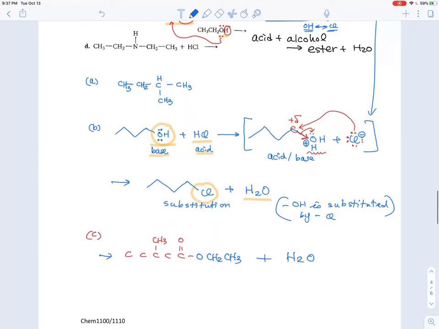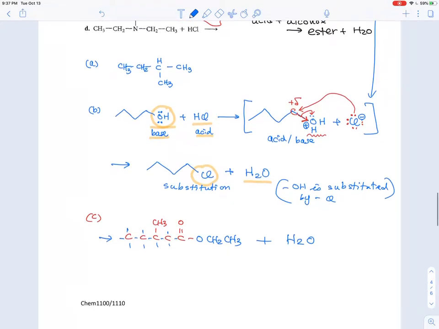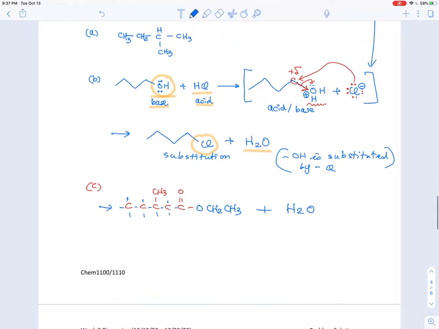And then you can finish the rest like this. CH3, this is all H and CH2. Okay, so you can write it as esterification reaction.